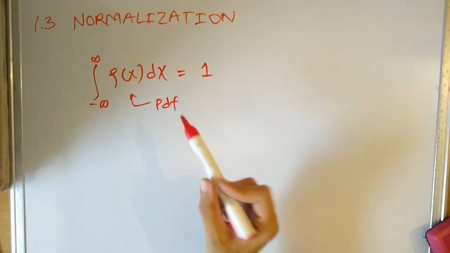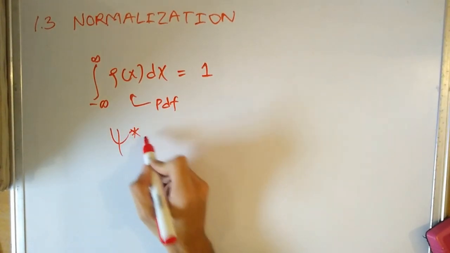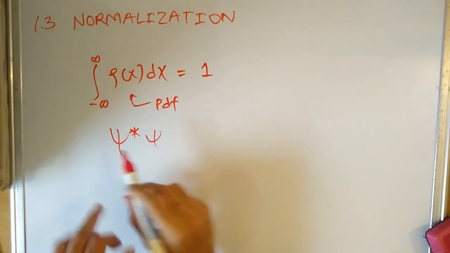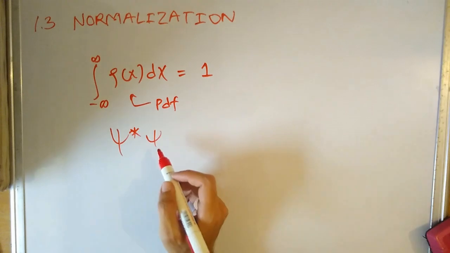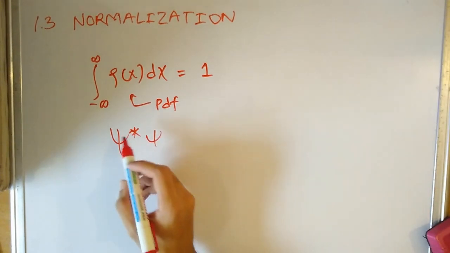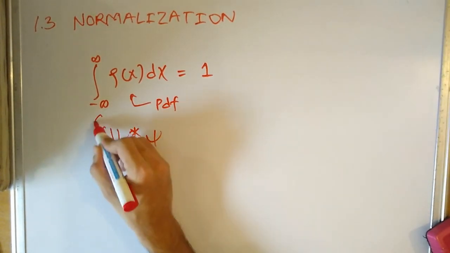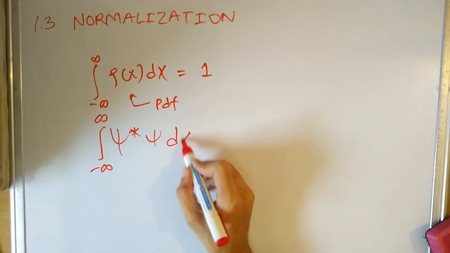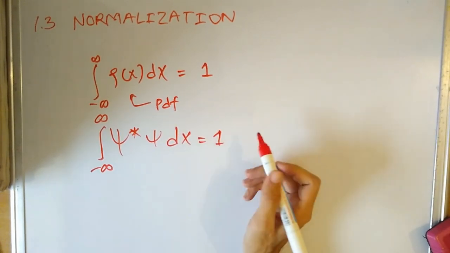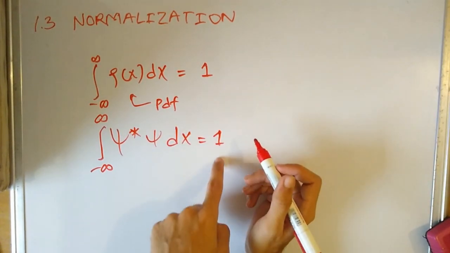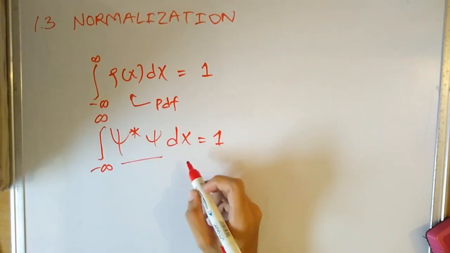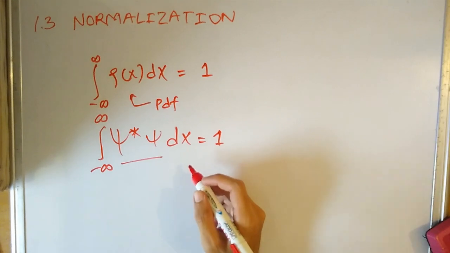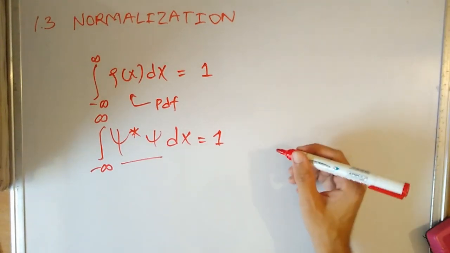In the same way, psi star times psi is a probability distribution function in quantum mechanics. And if we integrate that from minus infinity to infinity with respect to dx, it will also give the numerical value 1. We are integrating this product with respect to x because we are looking for the position of the particle.